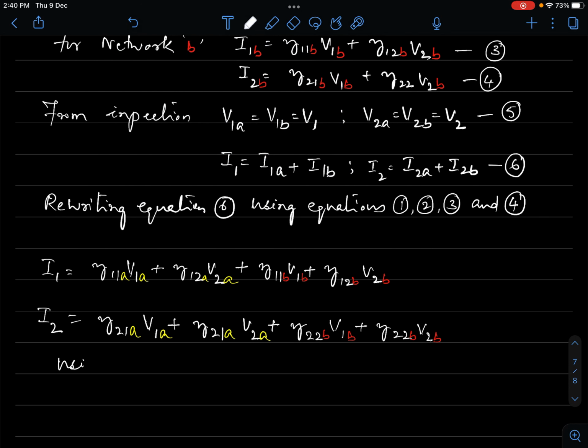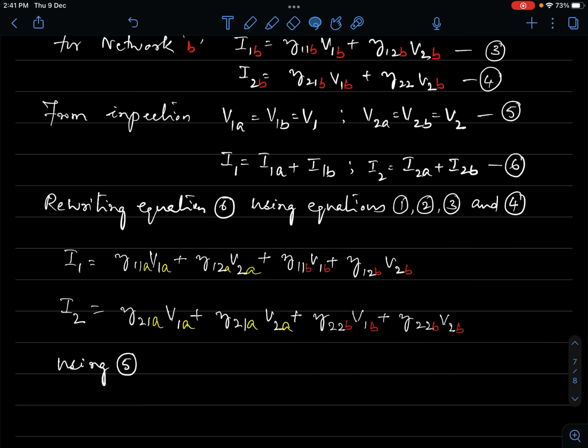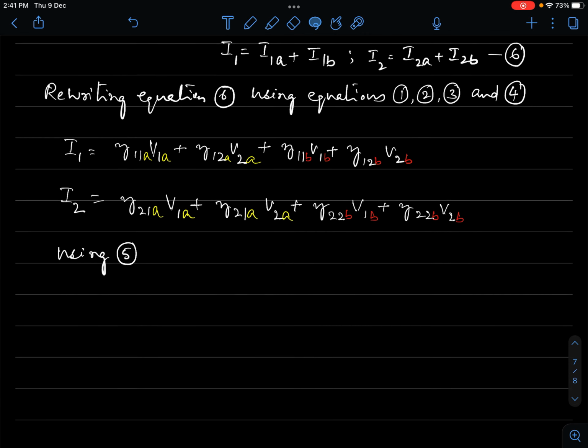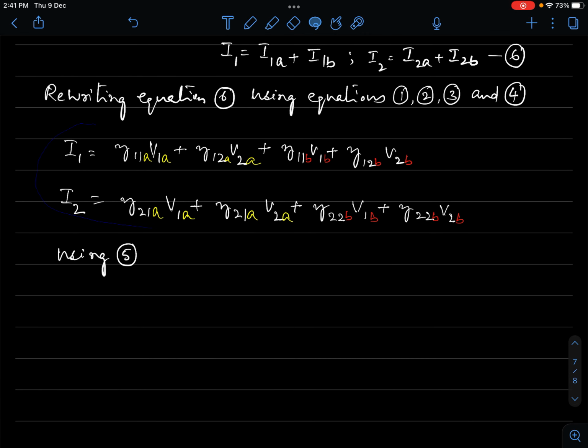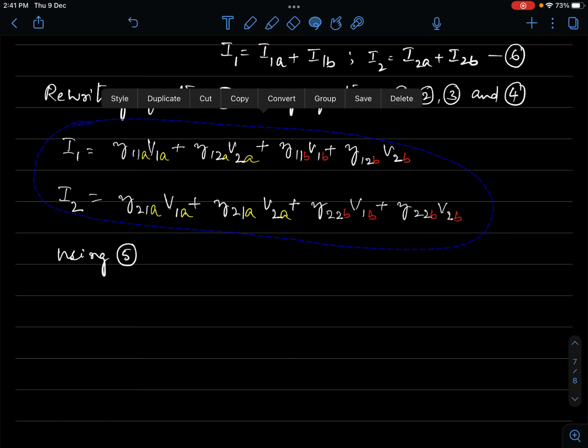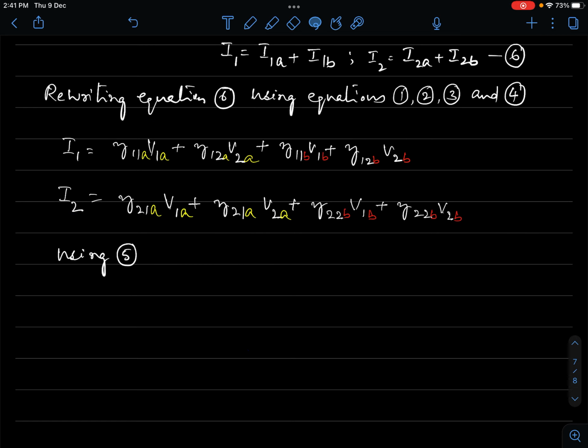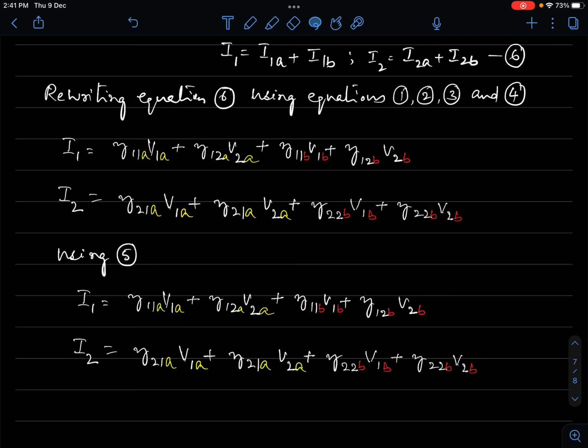Using 5, wherever I have V1A, I'll pick up these equations and copy this equation and paste it here.